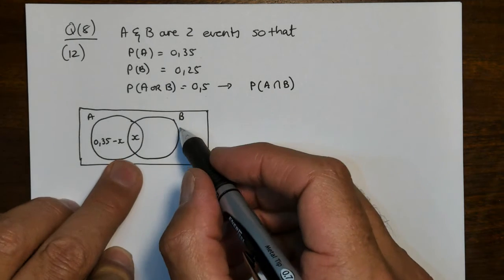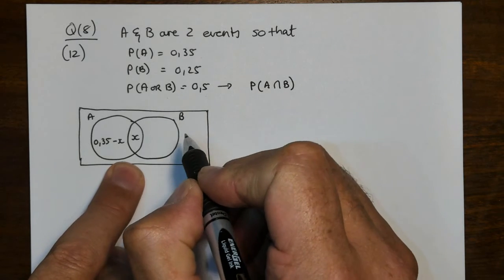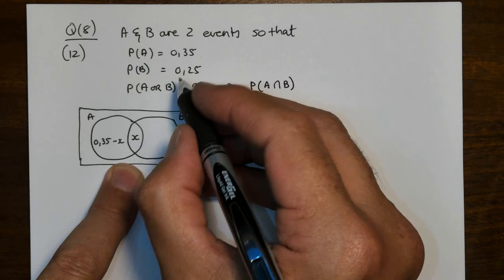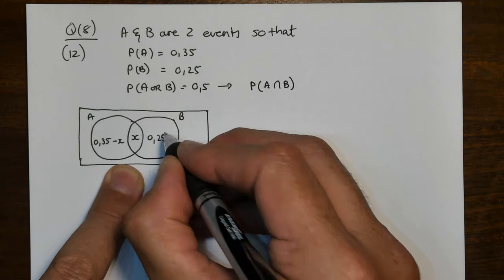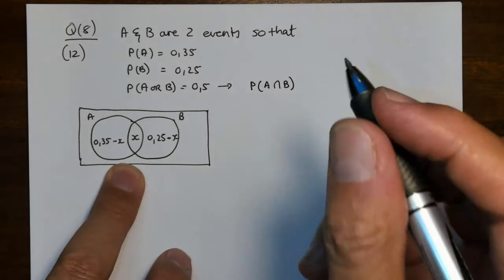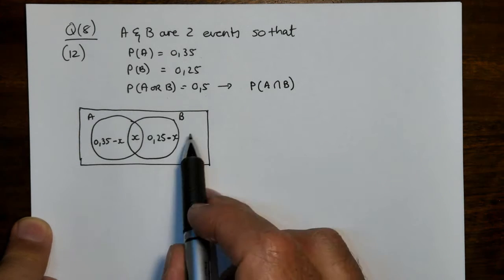The same for the probability of B: what I have been given for this section is 0.25 minus the little bit where it overlaps. Okay, folks, so that is quite nice. We can now work with what they gave us.